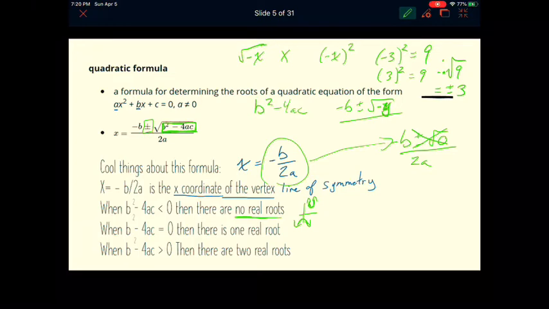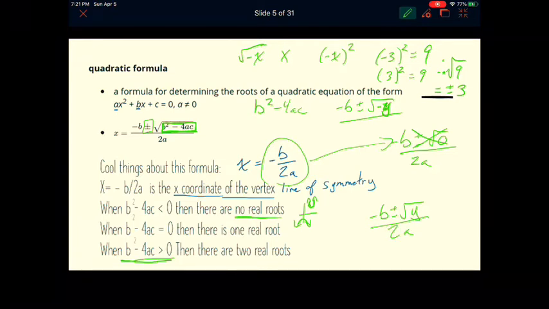Then, if we have a positive number, or when b squared minus 4ac is greater than 0, then there are 2 real roots. So if we end up with a positive number under here, I'm just using y because I want a positive number, then we're going to end up with 2 possibilities.